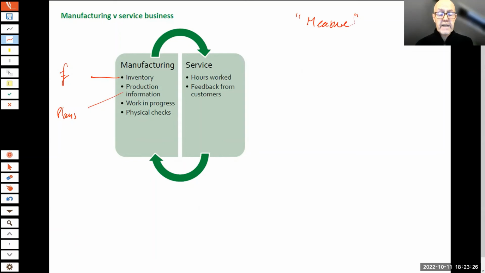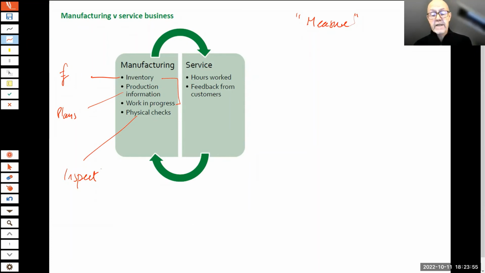Work in progress is really a subset of inventory. And one thing that we do in manufacturing is we need to inspect our product to make sure that it is as good as it is. These are all the things that we would focus our management attention on in a manufacturing business, because ultimately what we are there for is to produce our product, whatever it may be.